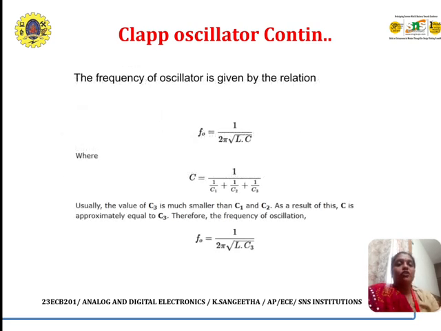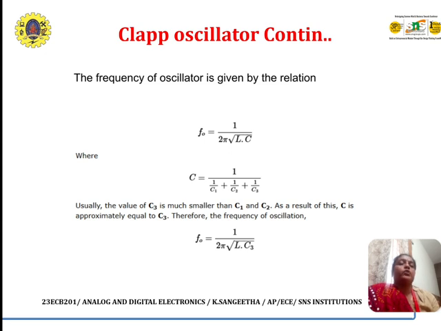The frequency of the oscillator is f = 1 by 2 pi root LC, and the capacitance value is, since there are three capacitors connected in series, 1 by C = 1 by C1 plus 1 by C2 plus 1 by C3. Here the value of C3 is much smaller than the other capacitors C1 and C2.